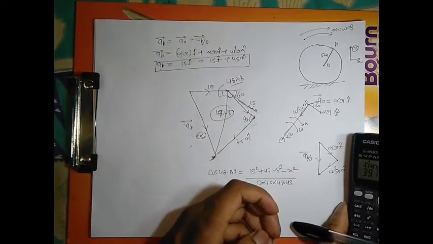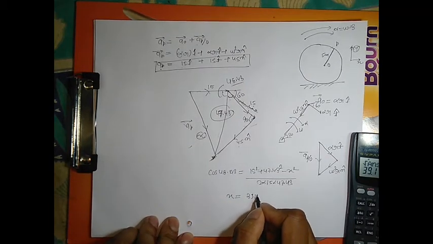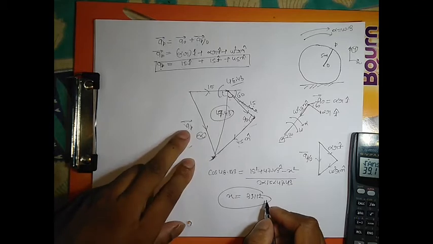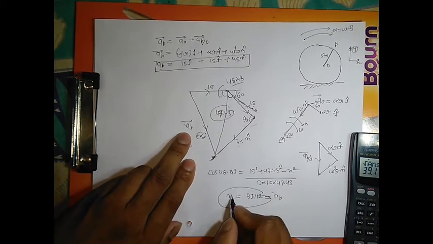You are getting x as 39.112, which is the resultant acceleration of point P.